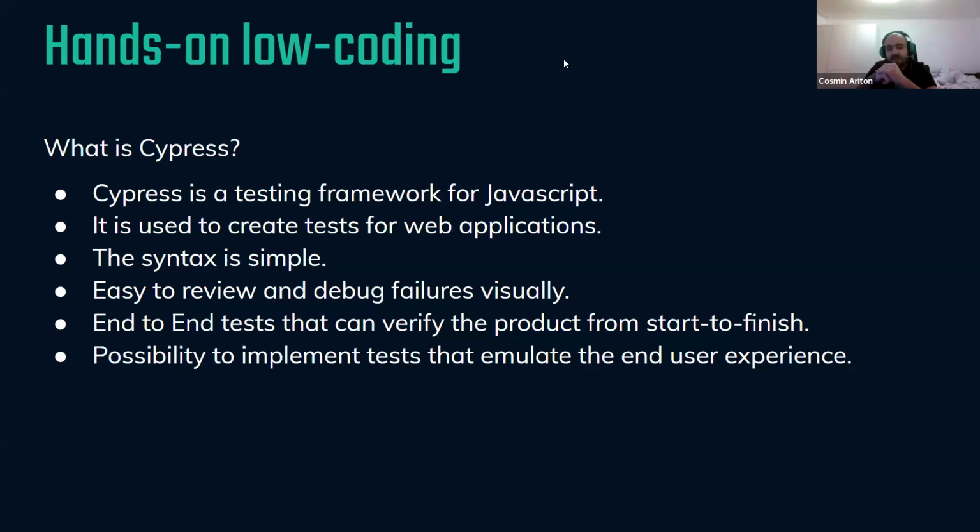It is possible to implement tests that emulate the user experience with Cypress, meaning that it's very close to the end user. So it's not using some trickery like Selenium. It's more close to the user.